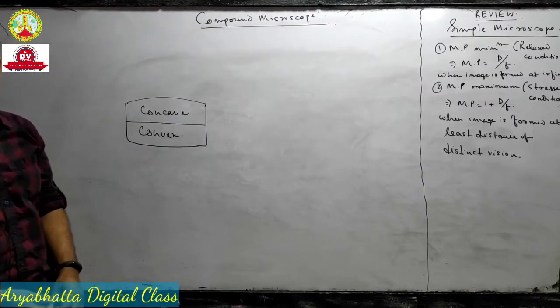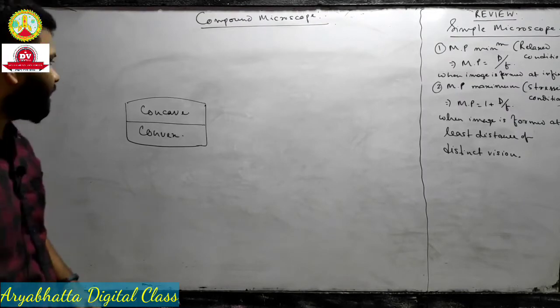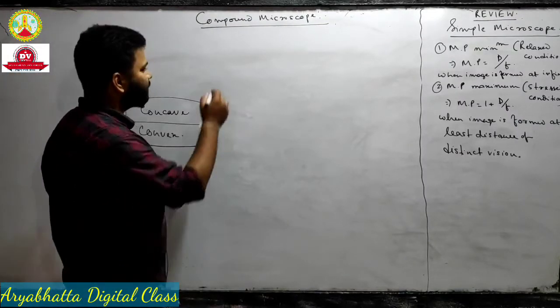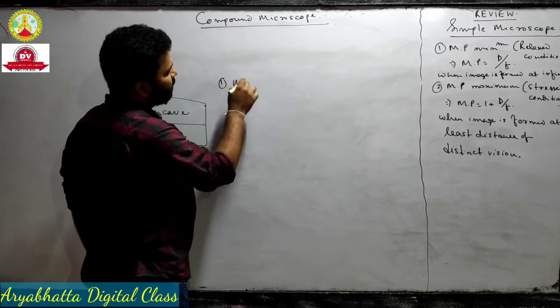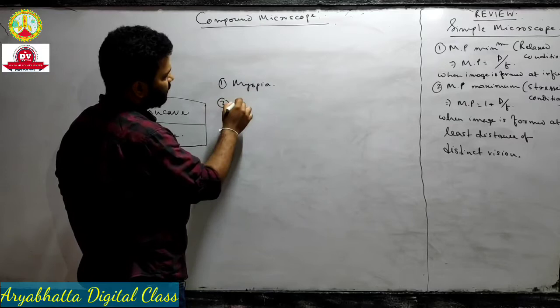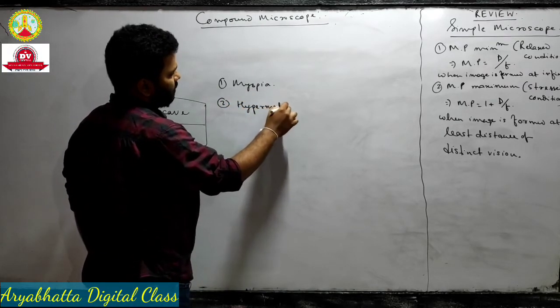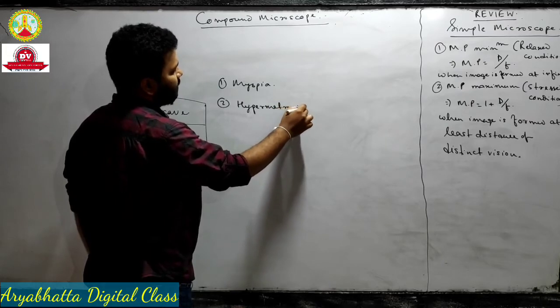So one more disease is there. So one disease is myopia, second one is hypermetropia, okay?